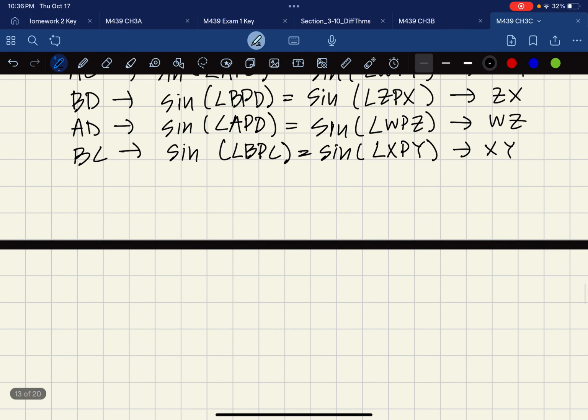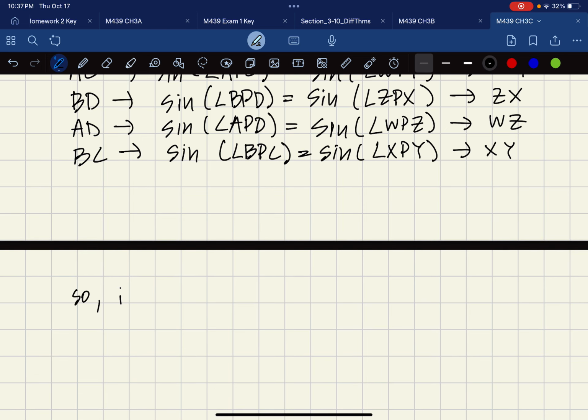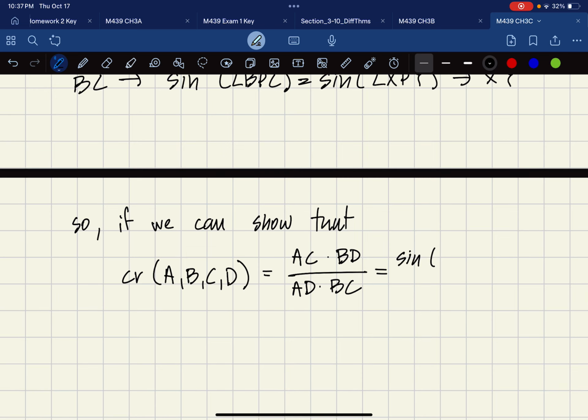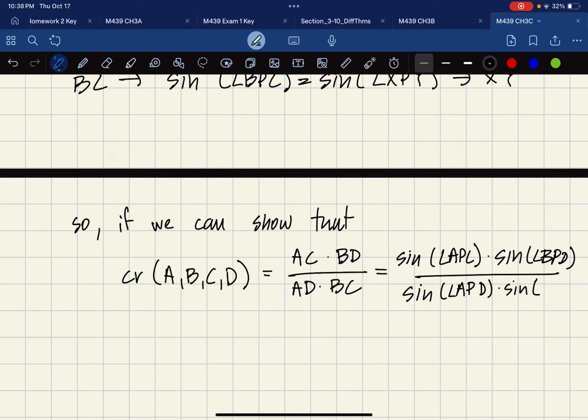So I guess it comes down to this: if we can show that the cross ratio of A, B, C, D, which we know to be equal to AC times BD all over AD times BC, is the same thing as the sine of the angle associated with AC, that's angle APC, times the sine of the angle associated with BD, angle BPD, over the sine of the angle associated with AD, angle APD, times the sine of the angle associated with BC, angle BPC.